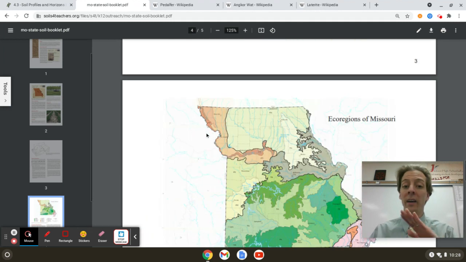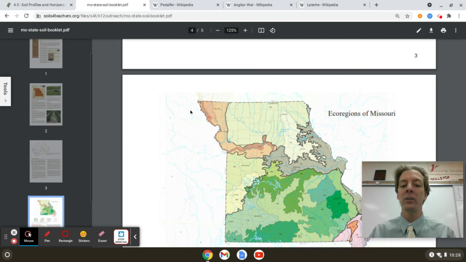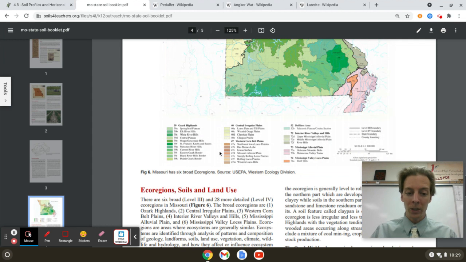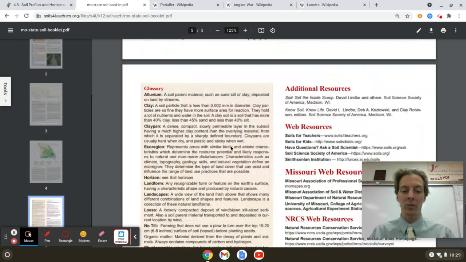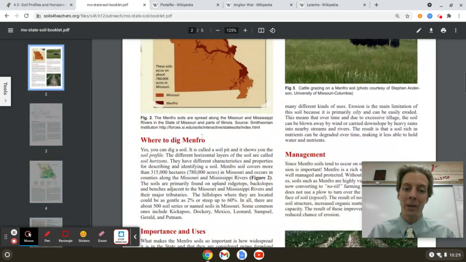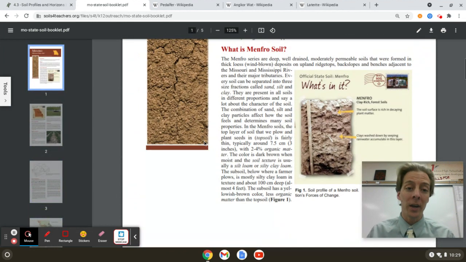This is not elevation, but you can see those changes just by looking at the dirt in any given spot. And then you read this, and it tells you what that dirt stuff is. It's got a nice glossary. So you're going to answer some questions about this from a different state, and then we'll see how it goes.